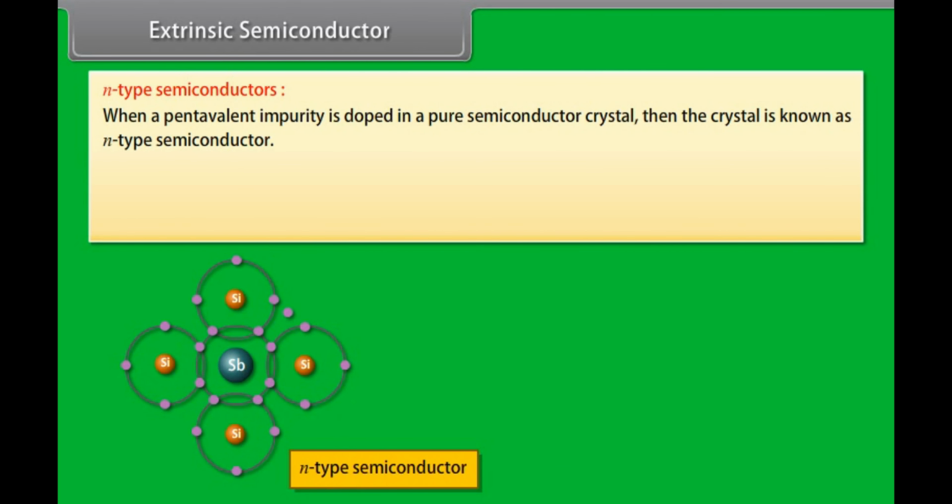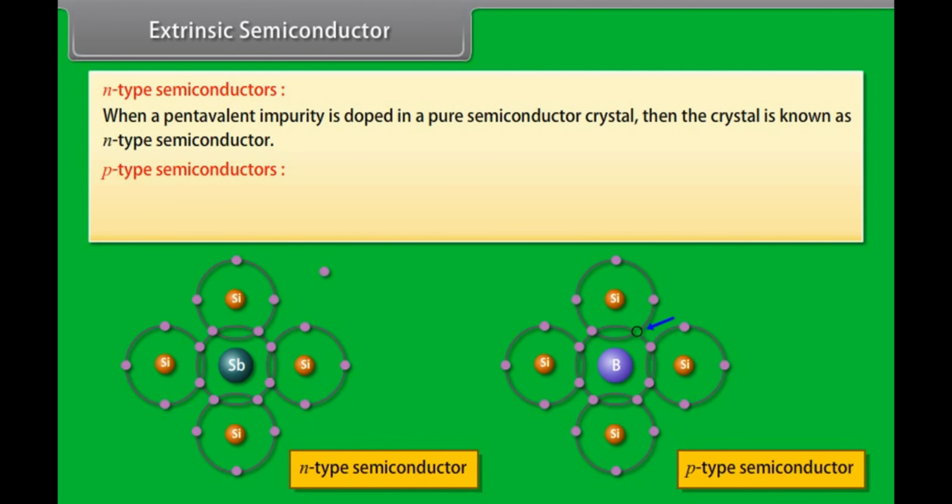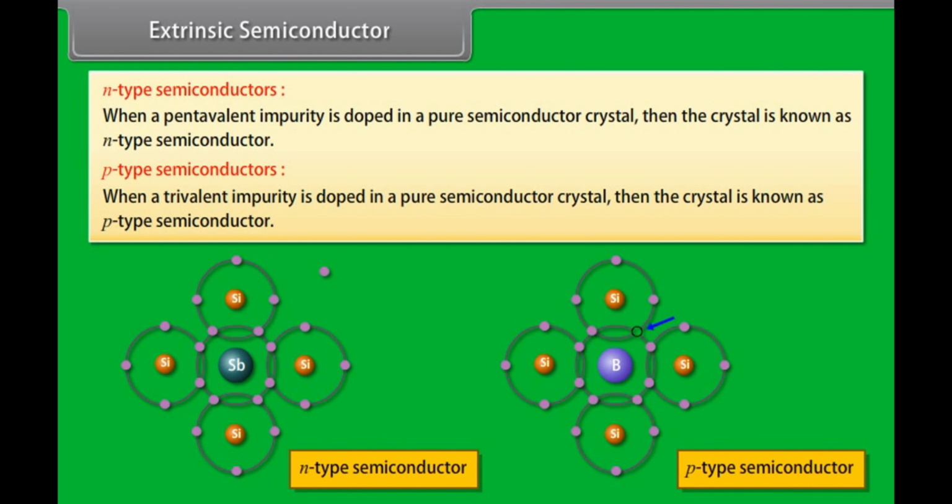When a pentavalent impurity is doped in a pure semiconductor crystal, then the crystal is known as N-type semiconductor. P-type semiconductor. When a trivalent impurity is doped in a pure semiconductor crystal, then the crystal is known as P-type semiconductor.